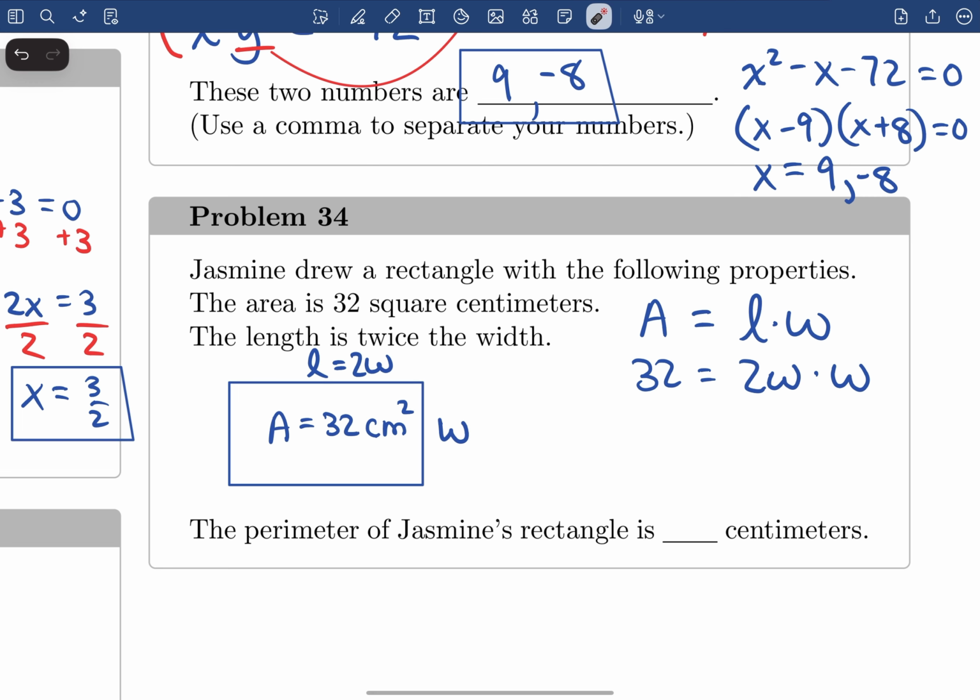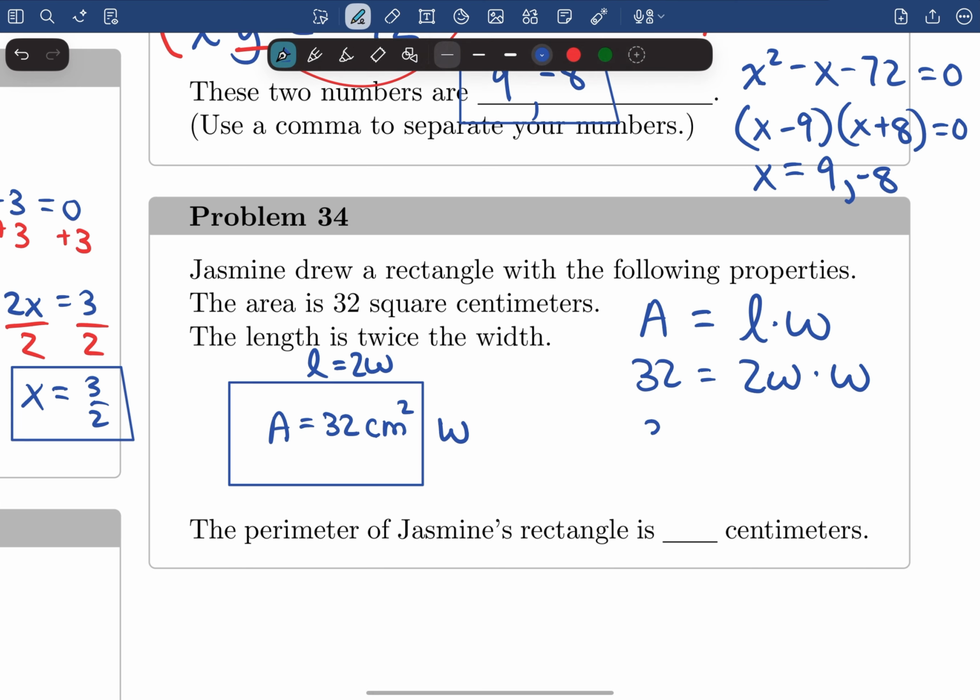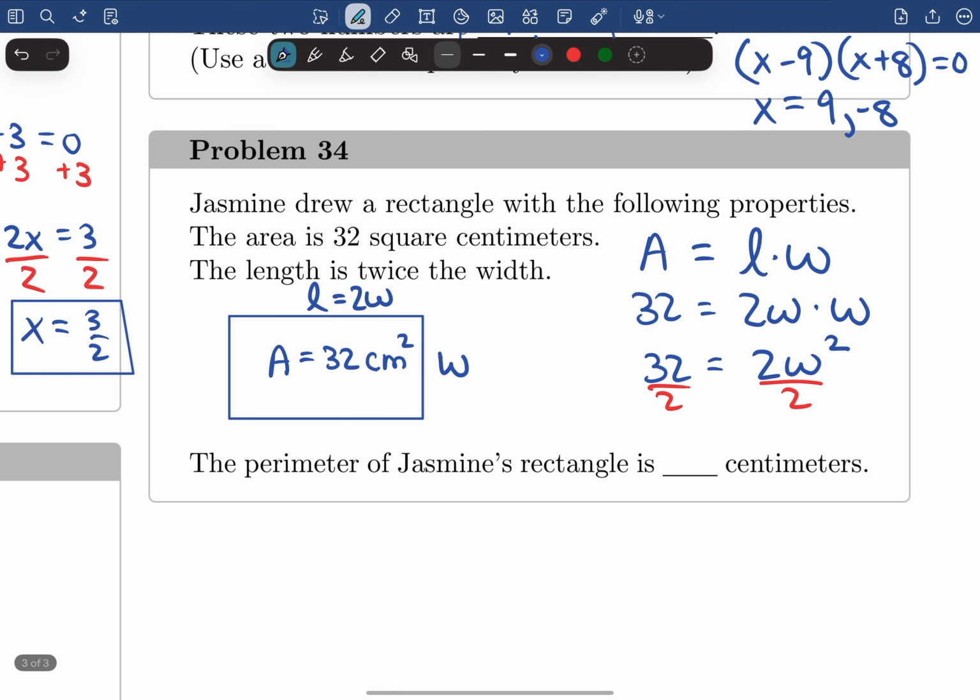Great. So I have this equation now right here, and I can solve it for the width, right? So 32 equals 2 times W squared. And so what I'll do is I'll divide 2 from right to left, and I'll discover that W squared equals 16. 32 divided by 2 is 16. And then I will square root both sides, right? Because to undo squaring W, you square root.